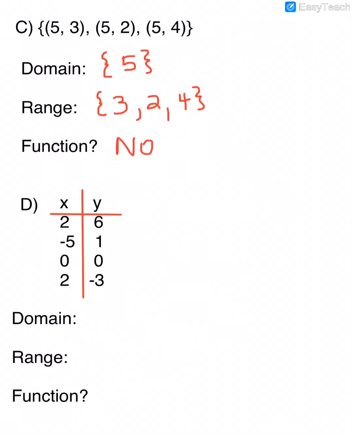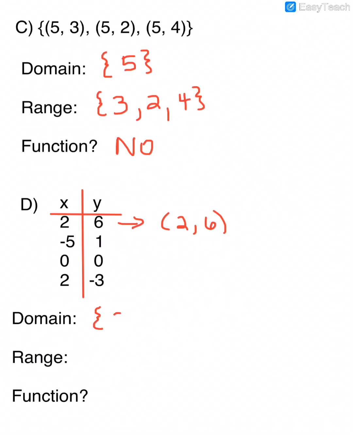D is listed a little differently. It's listed as a t-table, but remember in a t-table, each row is a point. So when we have an x value of 2 and a y value of 6, that's like the point 2, 6. So the domain would just be all of the different x values.